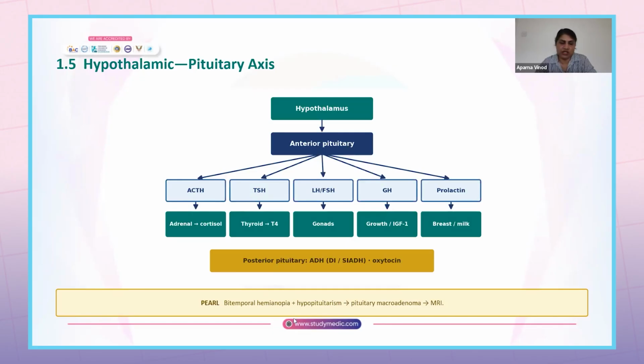We know ACTH is responsible for the adrenal axis, thyroid for the thyroid axis, luteinizing hormone and follicle stimulating hormone are gonadotropins. Then we have growth hormone, which will cause rise in insulin-like growth factor, and prolactin. Posterior pituitary is responsible for oxytocin and ADH, antidiuretic hormone. Always remember, bitemporal hemianopia plus hypopituitarism is often macroadenoma, and investigation is MRI.